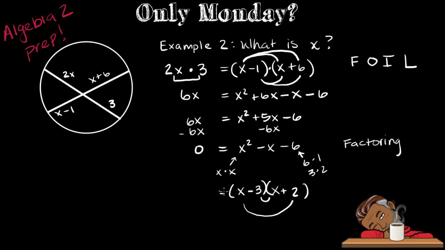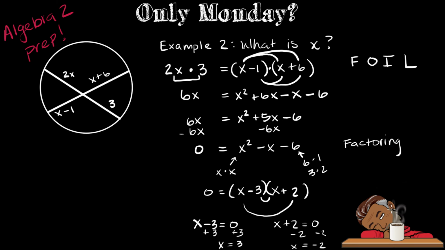Now remember, it's still equal to 0. So once we have that, we can set it into two different equations. Our first equation can be x minus 3, our first factor, equal to 0, and x plus 2, our second factor, equal to 0. We add 3 to both sides of our equation, and we get x is equal to 3. We subtract 2 from both sides of our equation, and we get x is equal to negative 2.